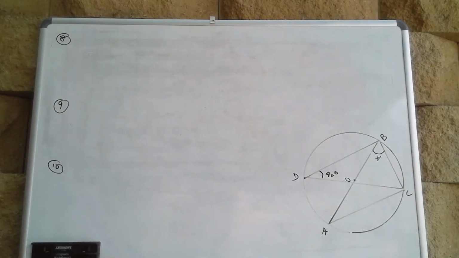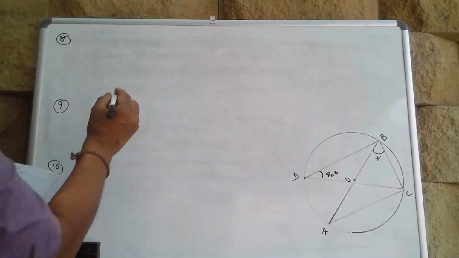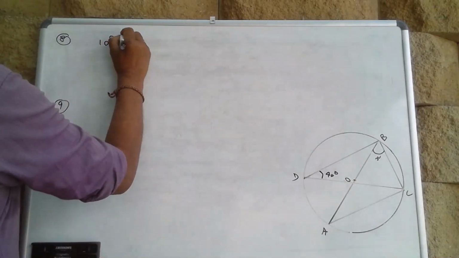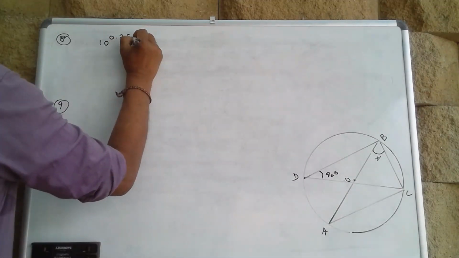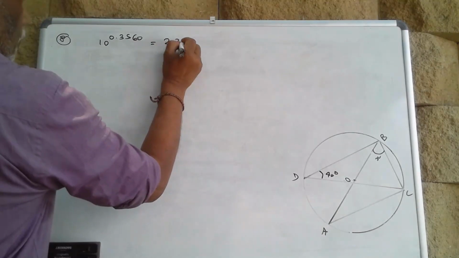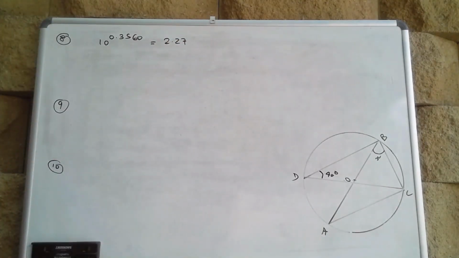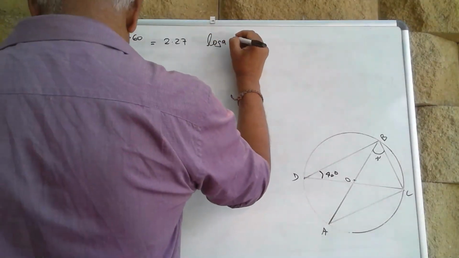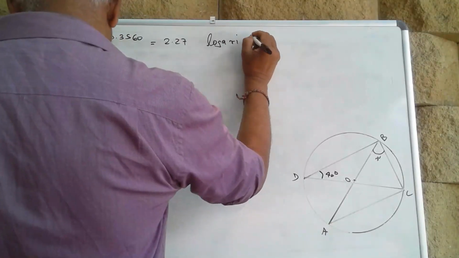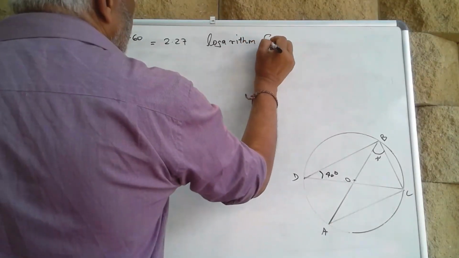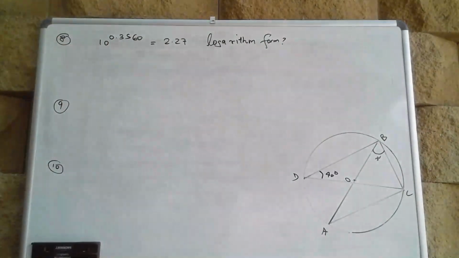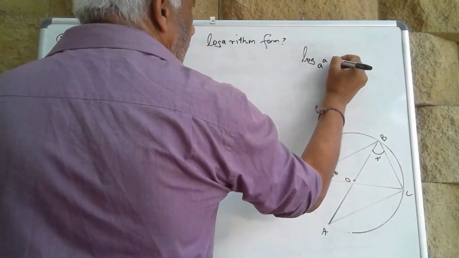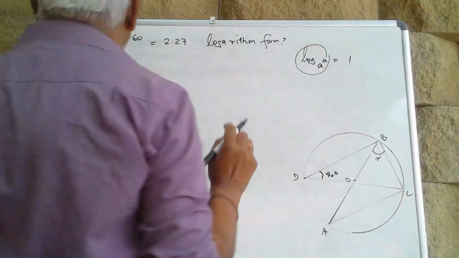Question number 8. 10 power 0.3560 equals 2.27. We need to express this answer in logarithm form. Remember, if the base is a and the number is also a, then log is 1, if both of them are the same.